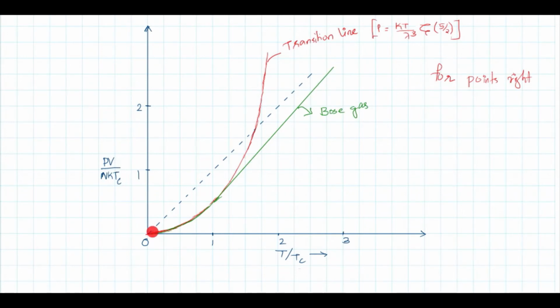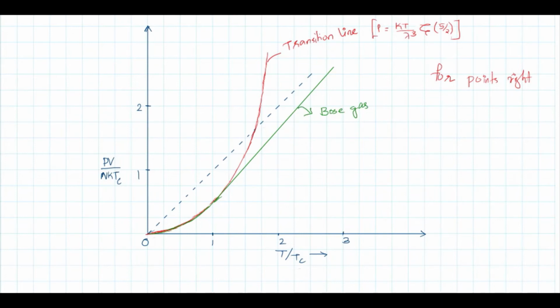Green one and red one are exactly the same up to T equal to Tc. Beyond T equal to Tc, the Bose gas deviates from the transition line and asymptotically tends to the limiting value Pv equal to Nkt. This straight line is Pv equal to Nkt. That is the graph for Boltzmannian gas or classical ideal gas.